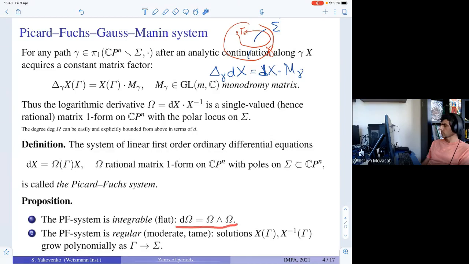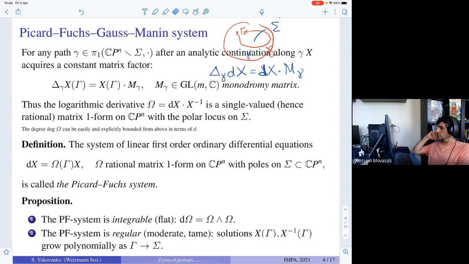A few things we know immediately from this construction. First, not all systems of Pfaffian equations have solutions. There is an integrability condition which ensures that the local solution exists. This integrability condition takes the form of a zero curvature condition, so that the Gauss-Manin connection is locally flat. It has zero curvature, and in differential language it is formulated as this differential condition. But we know that it is automatically satisfied because we started from the solution and got to the system.